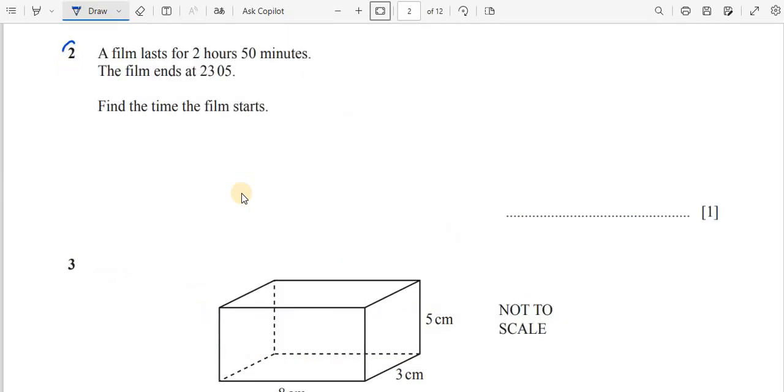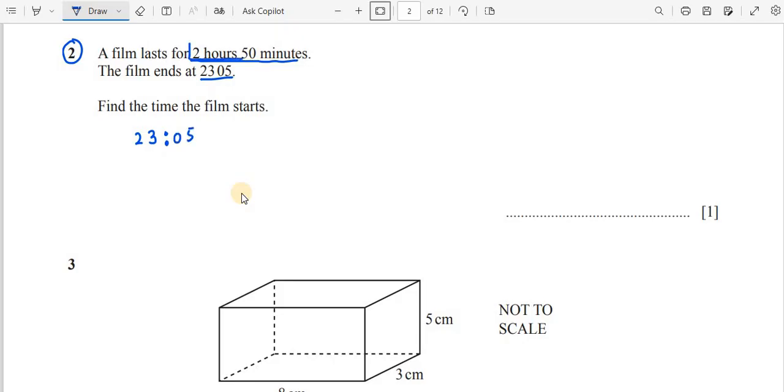Question number 2. A film lasts for 2 hours and 50 minutes. The film ends at 23:05. Find the time the film starts. First of all, we subtract this time from the end time. The end time is 23 hours 5 minutes.